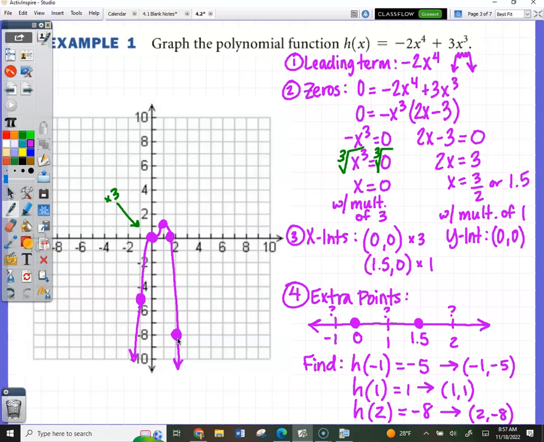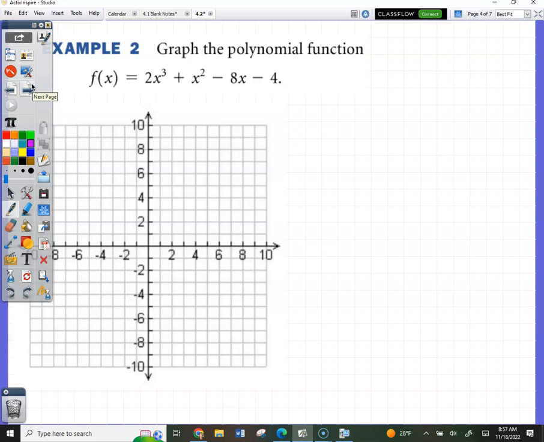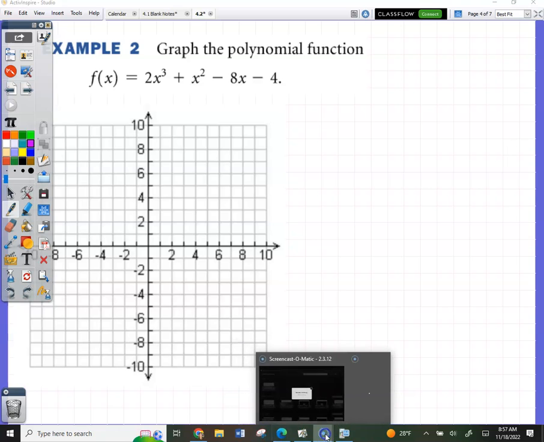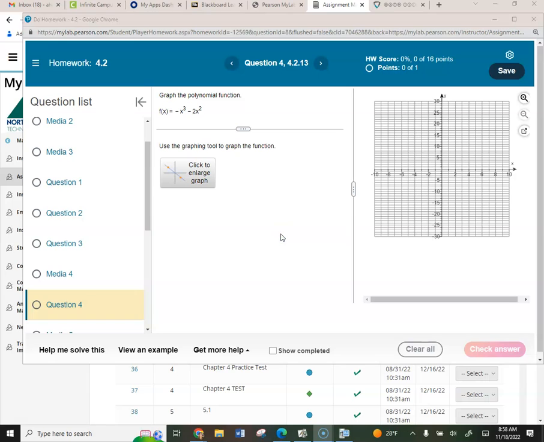Does that make sense? Let's go to this one. I'll pull number 4 up so y'all can see the widget. All right, let me show you question 4.